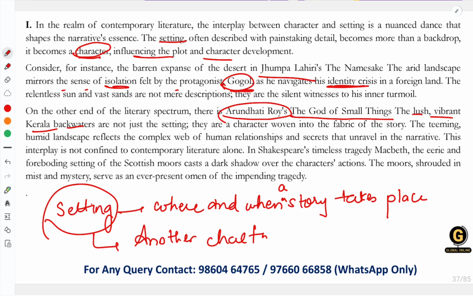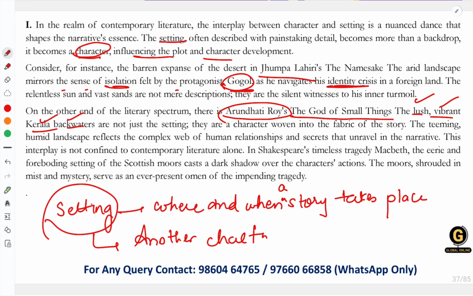This particular environment, lush, vibrant, Kerala's backwaters, tells you how rich the environment is over there, how full of life and vibrant, humid meaning warm with moisture in it. So the Kerala setting reflects the complex relationships and the secrets of the characters. This is what the second example is talking about.